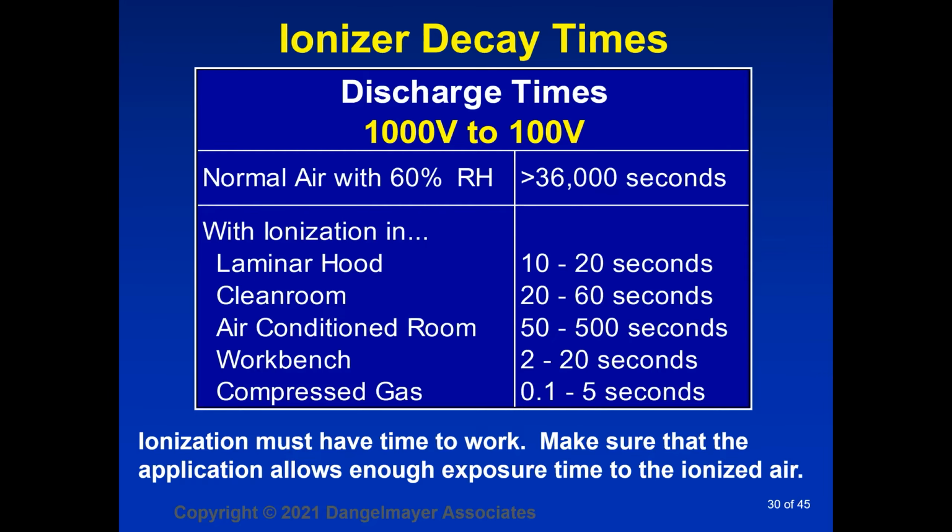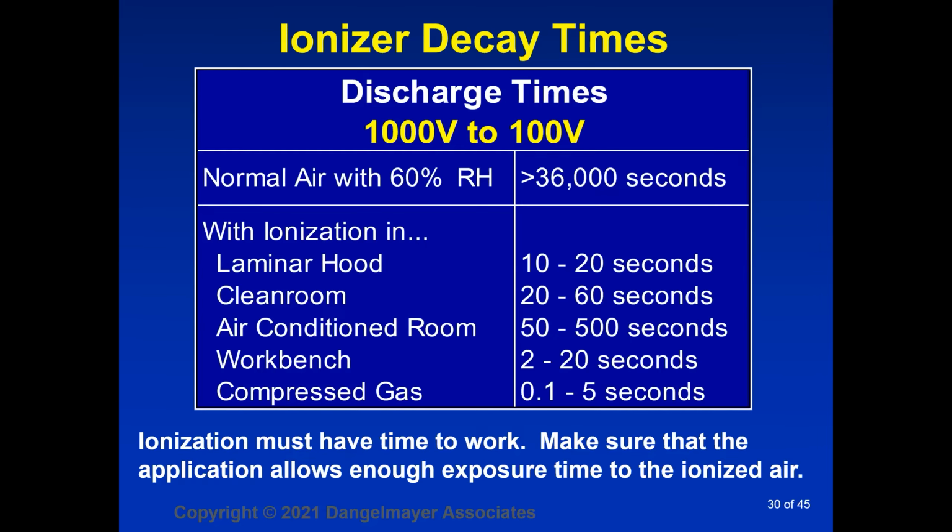Why is faster important? You ask, why is faster important? Because problems caused by static charge are always two-step events. First, you create the charge, and at some later time, it creates a problem. So if you can use an ionizer, you can basically narrow the window in which those two events have to occur. So if it takes 36,000 seconds to get rid of the charge, that's a very big window.